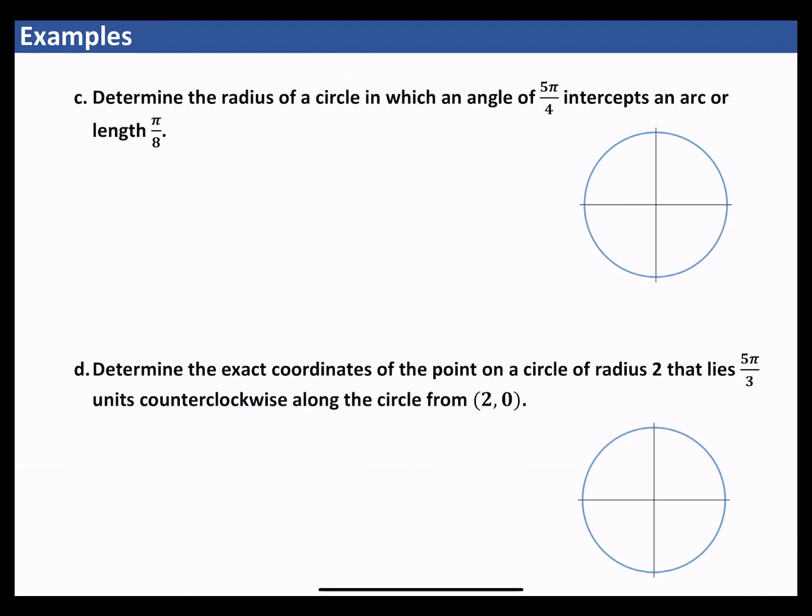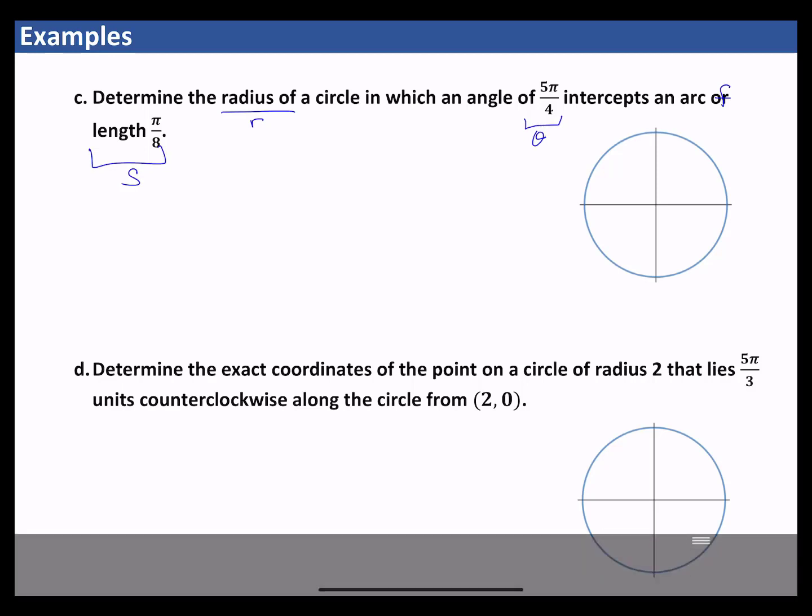Determine the radius of a circle, so we're trying to find r, in which an angle of 5 pi over 4, so there's our central angle, intercepts an arc of length pi over 8. So we know s. Thinking about the unit circle, we do know that 5 pi over 4 is in the third quadrant.